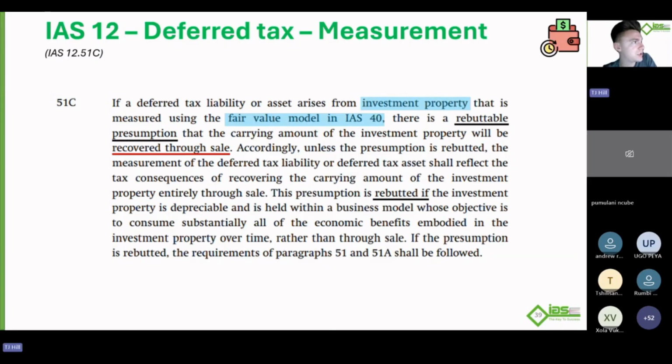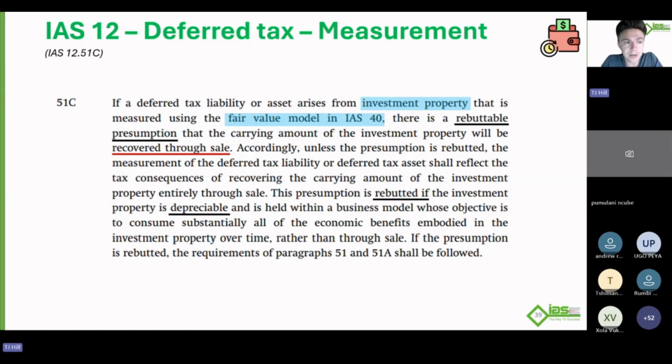Now my next question to you: what does depreciation reflect? So it reflects us using up the economic resources. Yes, right? We are using it. So this presumption of it being recovered through sale is rebutted if you are depreciating the investment property, which is possible, right?